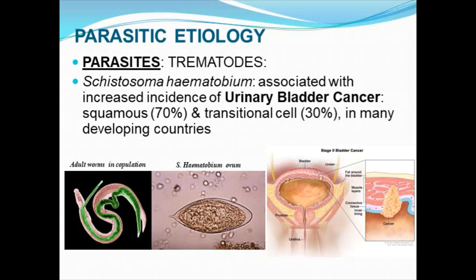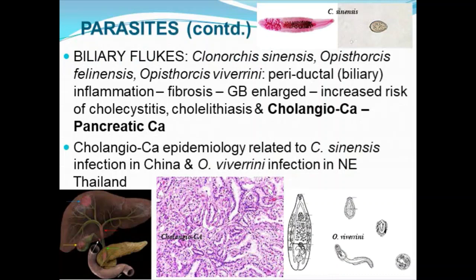This is common in many developing countries. So Schistosoma haematobium causes bilharziasis, and this may lead to bladder cancer, squamous cell in most of the cases and transitional cell cancers in 30% of the cases.